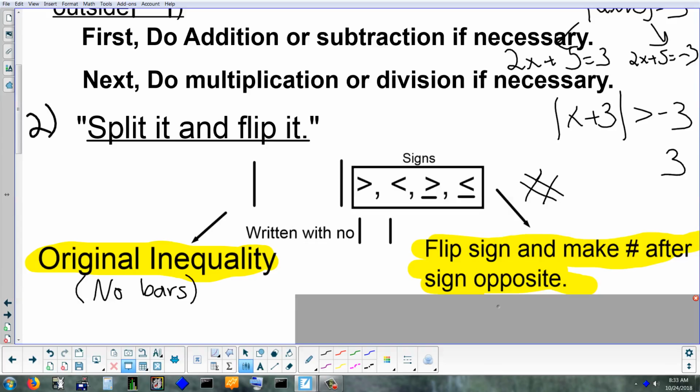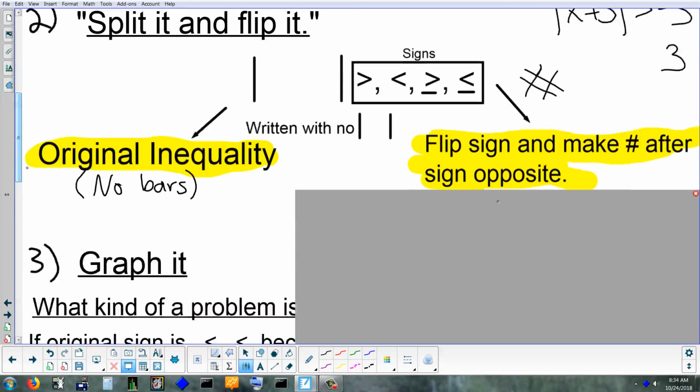So the only two real differences are that you flip the sign, and that it's okay to have a negative number after the sign. It's not like equations, where it couldn't equal a negative. So that's the step of splitting.